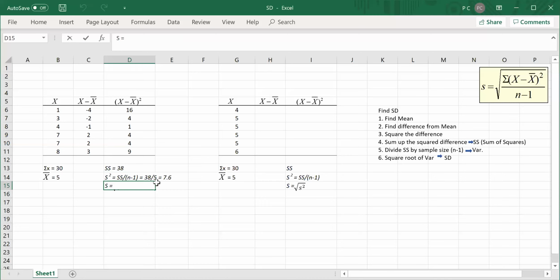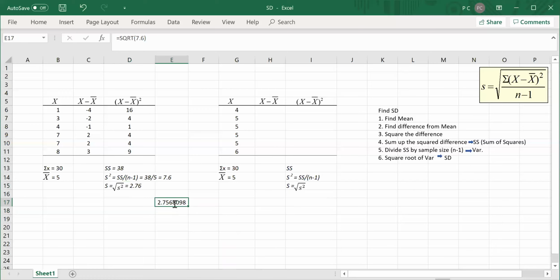Once I have the variance, I just need to take the square root. The square root of the variance gives us the standard deviation. So I'm going to calculate here the square root of 7.6, and I will get 2.76.